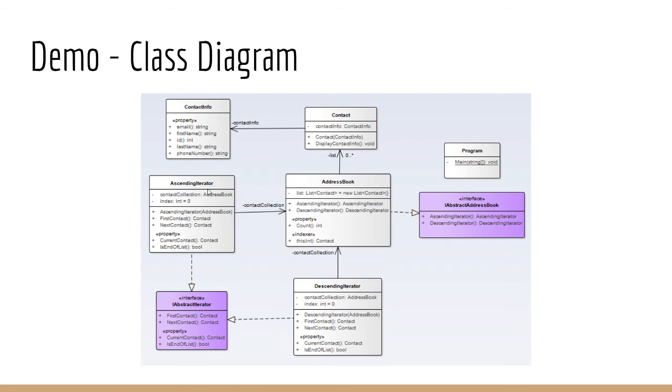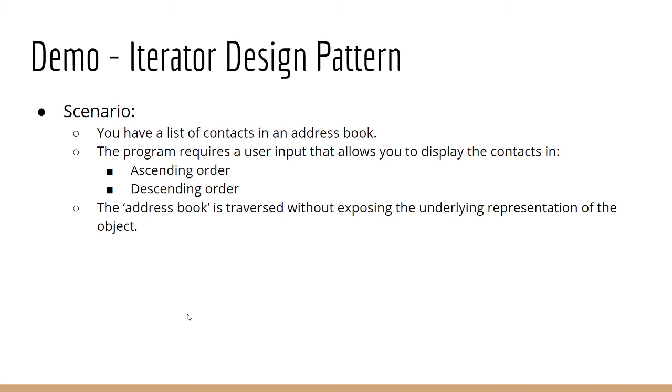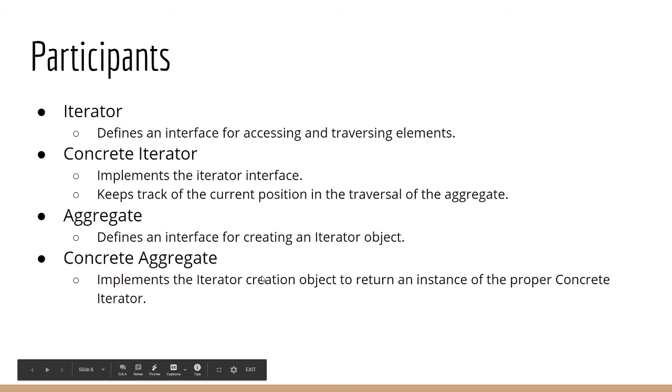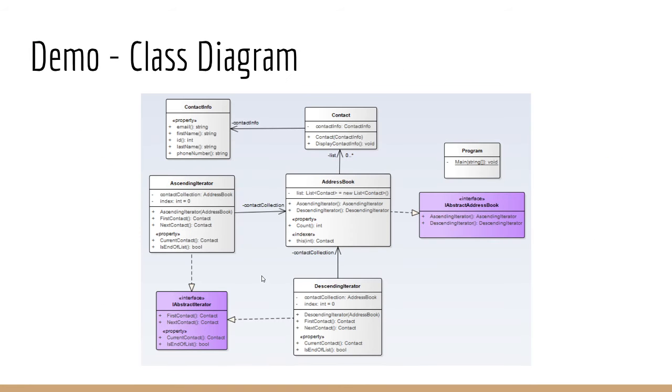You have the ascending and descending as the concrete iterator. You have the abstract iterator. So as we mentioned here, the abstract iterator is the same thing as just the iterator, the concrete iterator, the aggregate, and the concrete aggregate. So we can define them here.